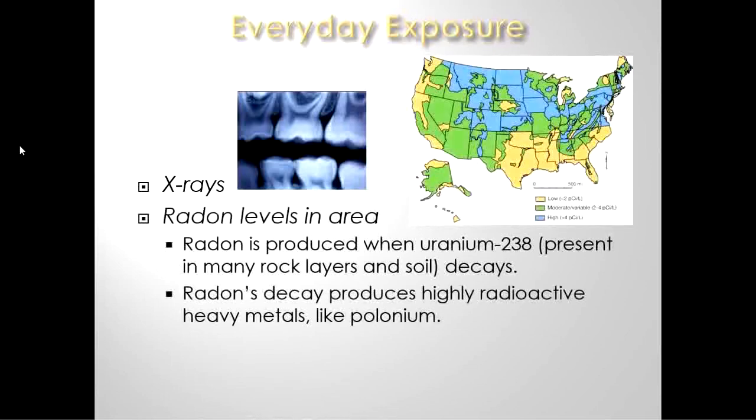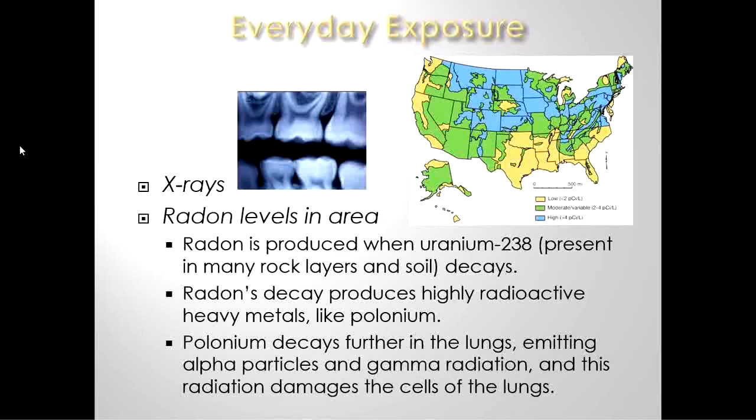And also we have radon levels in the area. So in the US, radon just exists in our soil and rocks. A lot of us do radon testing in our homes, especially if you have a basement or if you live on the ground level. They want to make sure that radon levels are not too high. The reason it's a concern is because it's the number one leading cause of lung cancer. And so we want to make sure that there aren't high levels of radon where you're living.